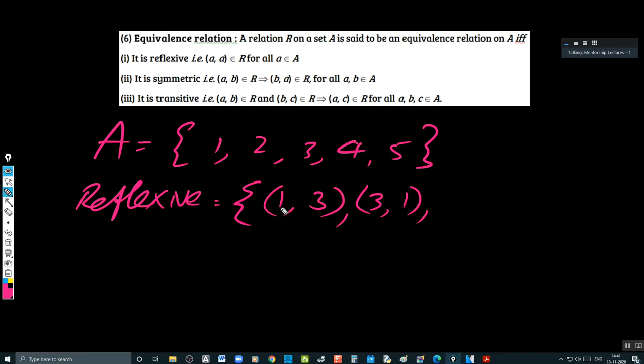Then, if 1 belongs to A, you must have (1, 1). 3 belongs to A, you must have (3, 3). Then you can comfortably say that it is a reflexive relation.